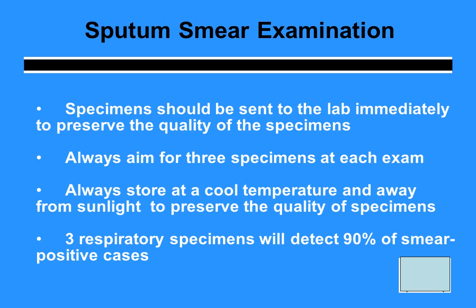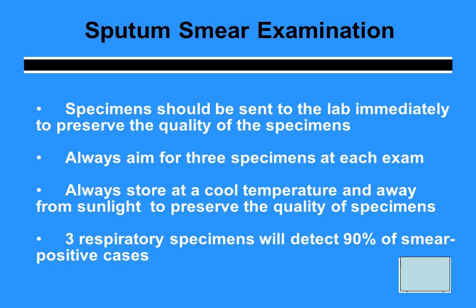So always aim that all three specimens which we have collected from the patient should be examined. These specimens are stored at cool temperature away from sunlight, so that the morphology of the bacteria is not disturbed.